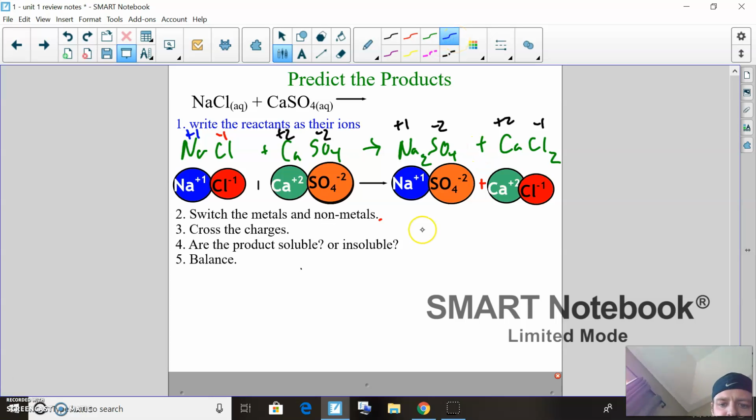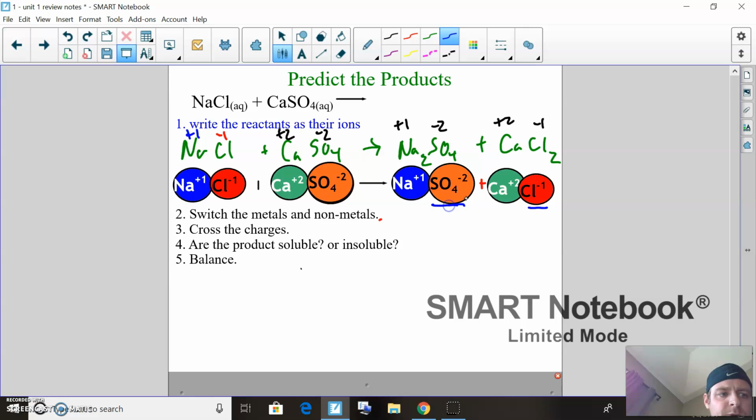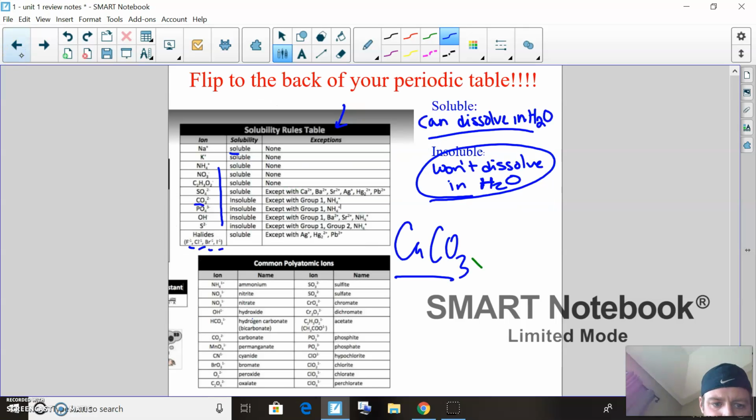Before I balance the whole thing, I can check the solubility chart to see if anything is a solid. For the first one, SO4, let's find SO4.